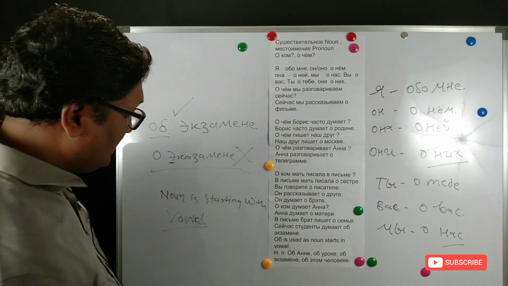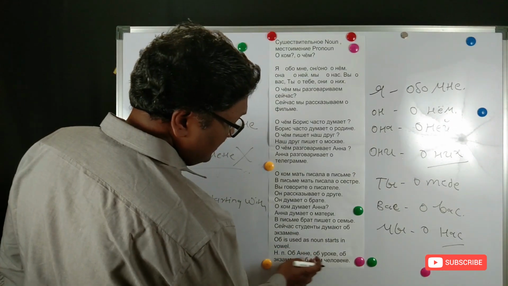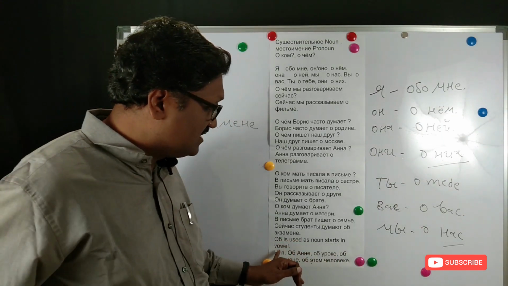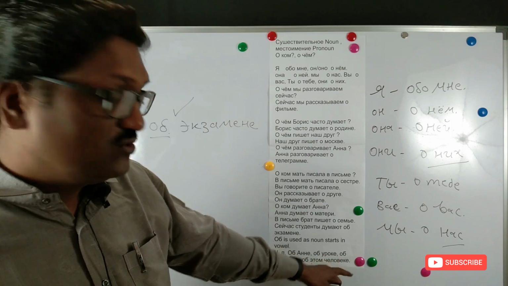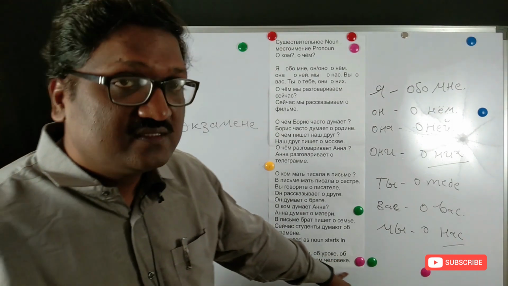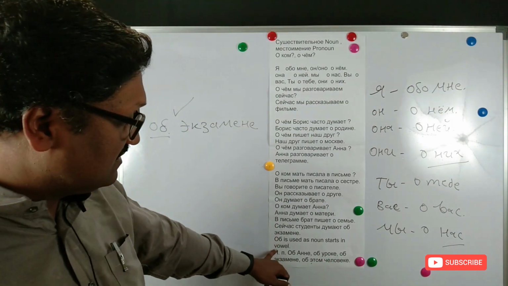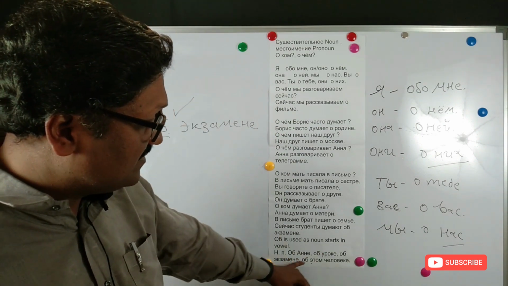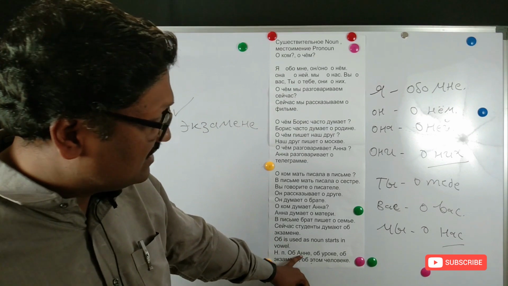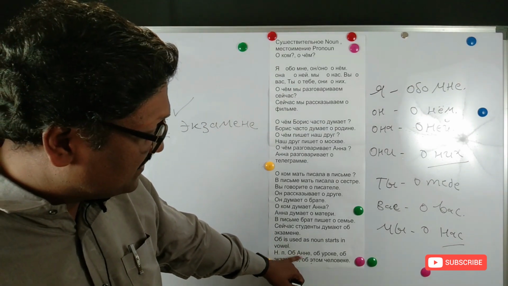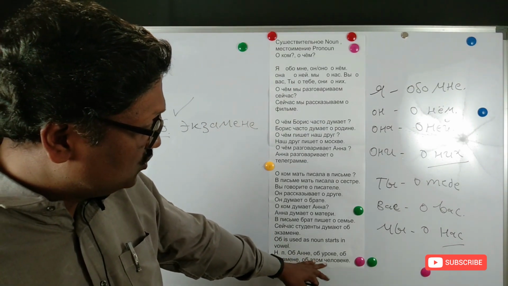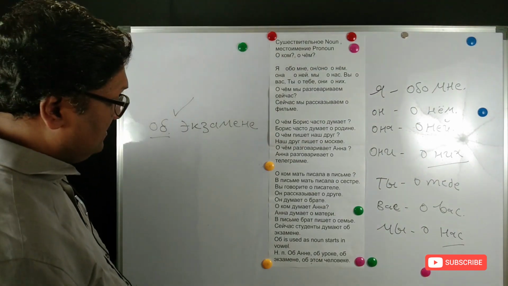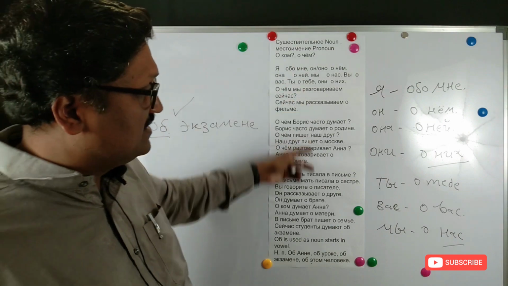See here: ob Anne, ob uroke, ob ekzamene, ob etom cheloveke. These are examples where ob is used. Wherever the noun starts with a vowel, a, u, e, we have to use ob.